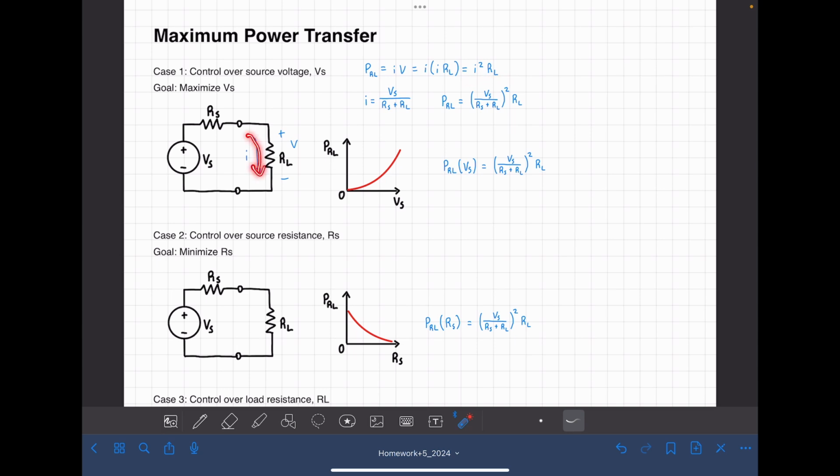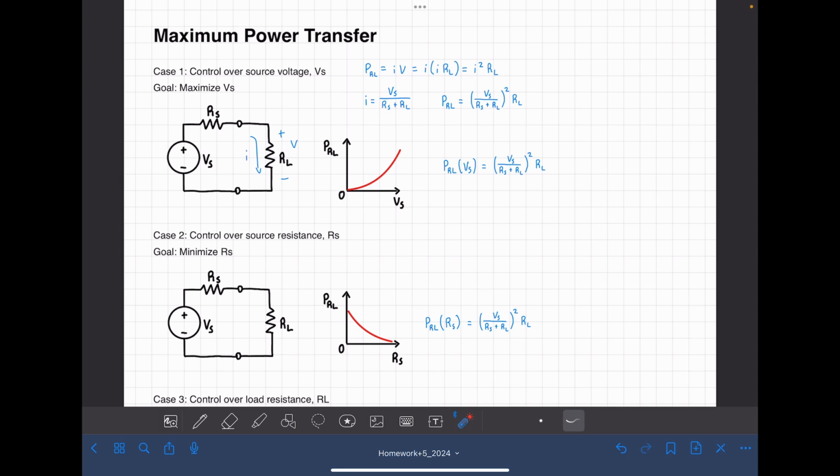Solving for the current in terms of these variables, we get I is equal to the voltage divided by the total resistance, Rs plus RL, and plugging that into our equation over here, we get this final power equation. So this is the power dissipated by our load resistor in terms of Vs, Rs, and RL.